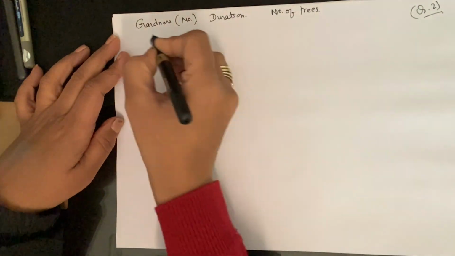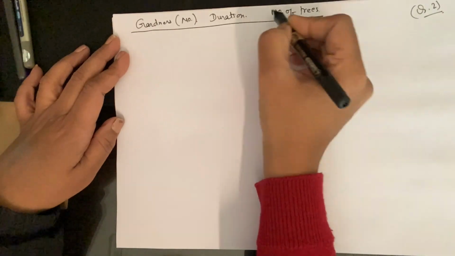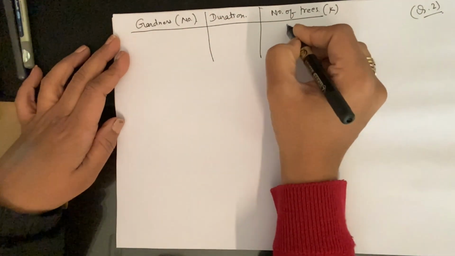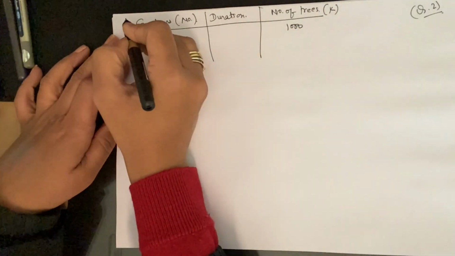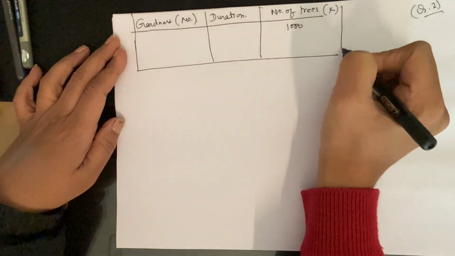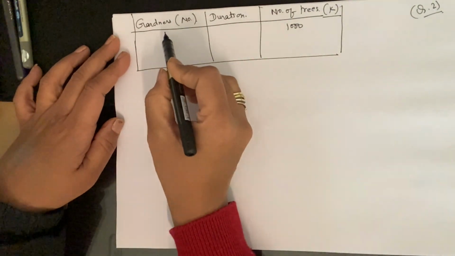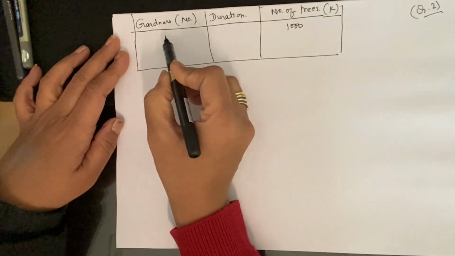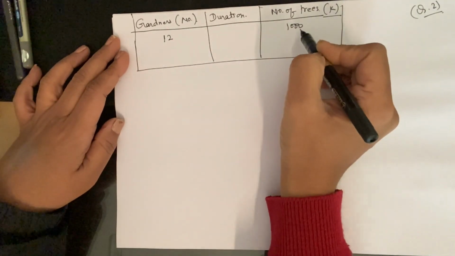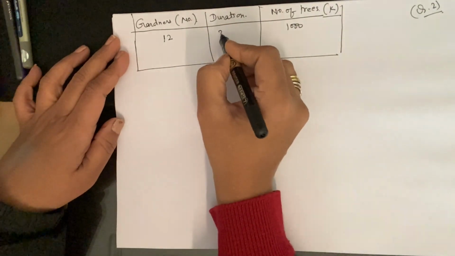So here you can see that we have one constant variable, that is number of trees, that is 1000, and we have to understand the question further and define the variables. So when the number of gardeners is 12, they are planting 1000 trees in 30 hours.